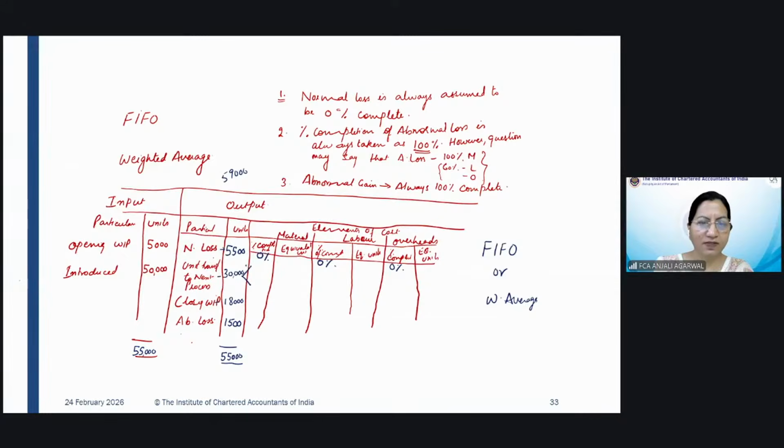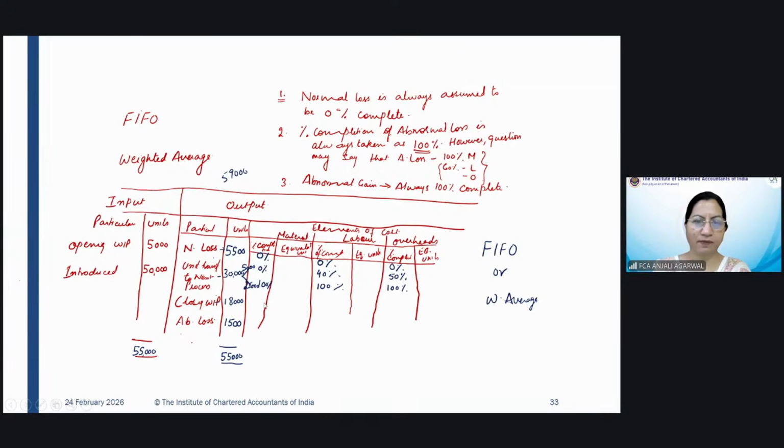So out of this 30,000, 5,000 units, material we did not apply, labor we had to apply 40%, and overheads we had to apply 50%. But the freshly introduced 25,000, obviously, they were 100% complete as far as material is concerned, labor is concerned, and overheads are concerned within this period only.